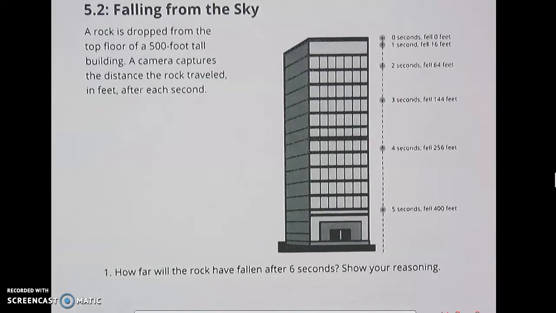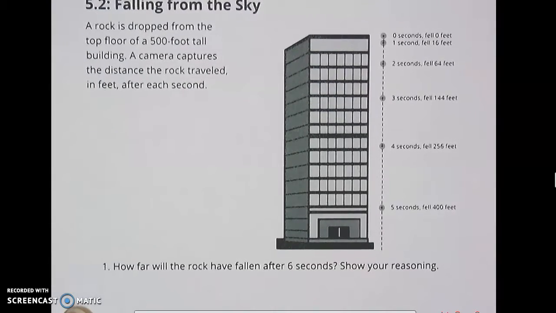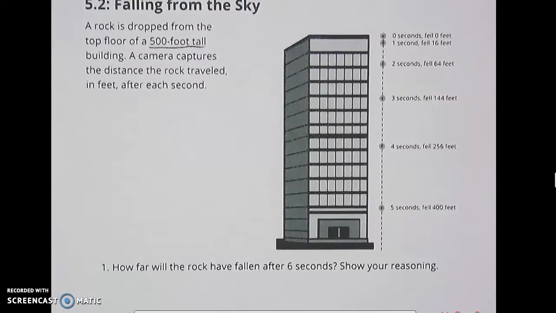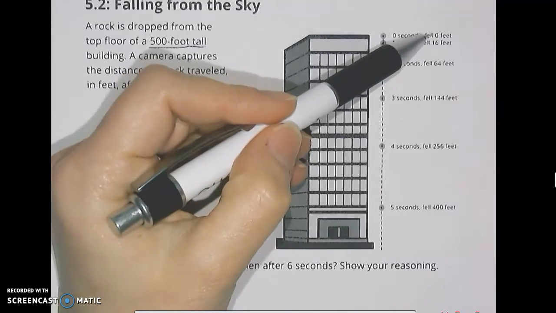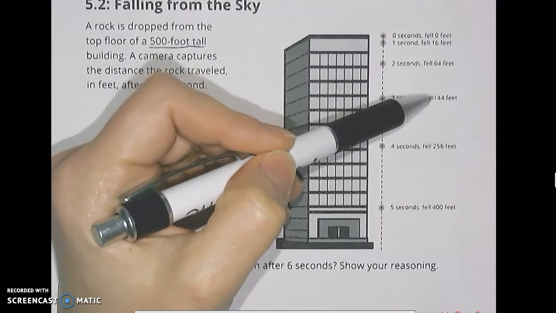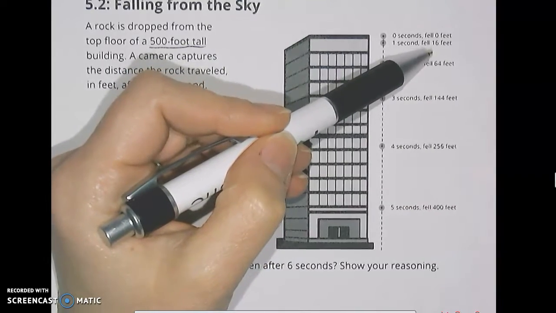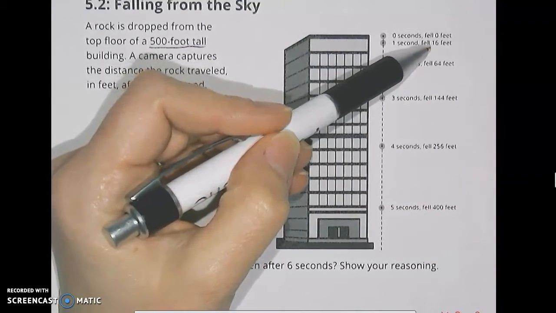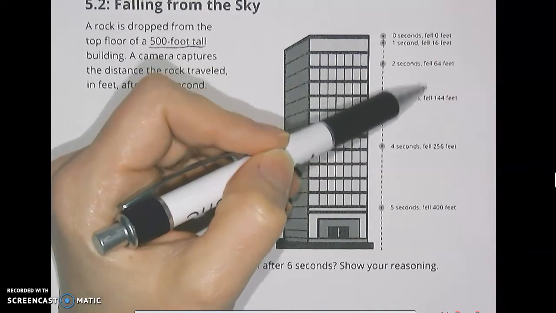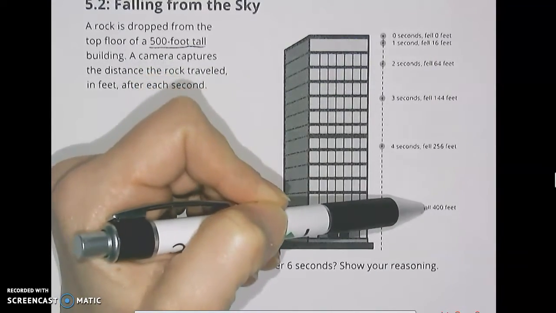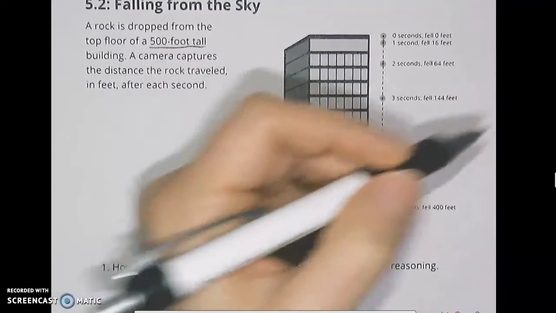How far will the rock have fallen after 6 seconds? And we need to show or talk about our reasoning here. It's important to know that this is a 500-foot tall building. We've already talked about in the notice and wonder of the table that each second it's falling further than in the previous second. So let's look here.